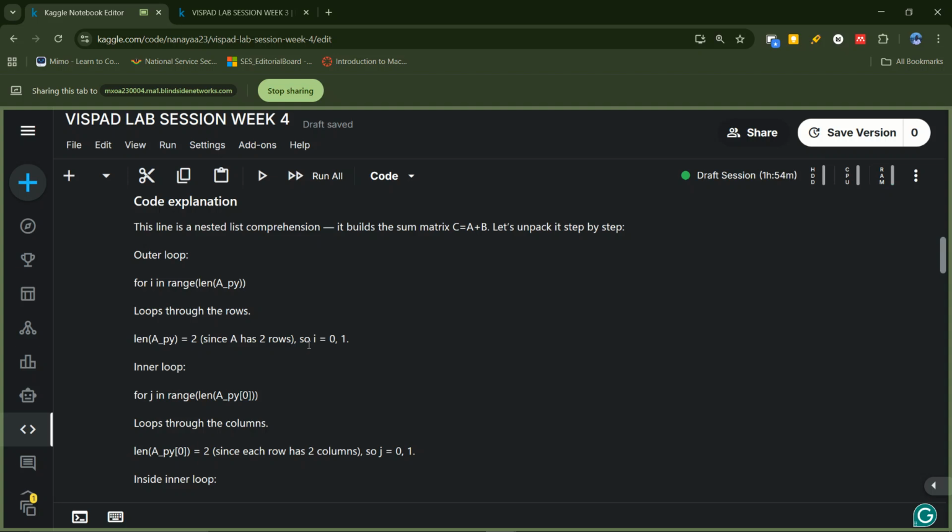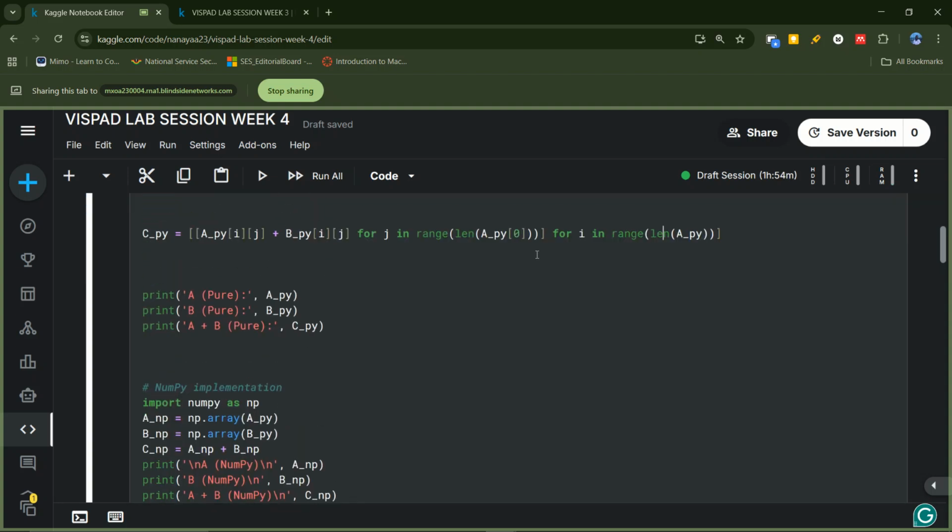And this means i is equal to either 0 or 1. That is the meaning of this expression. It says for i in range len of A underscore py, which means for i in range 2. Exactly that. So range of 2 is what? 0 and 1.